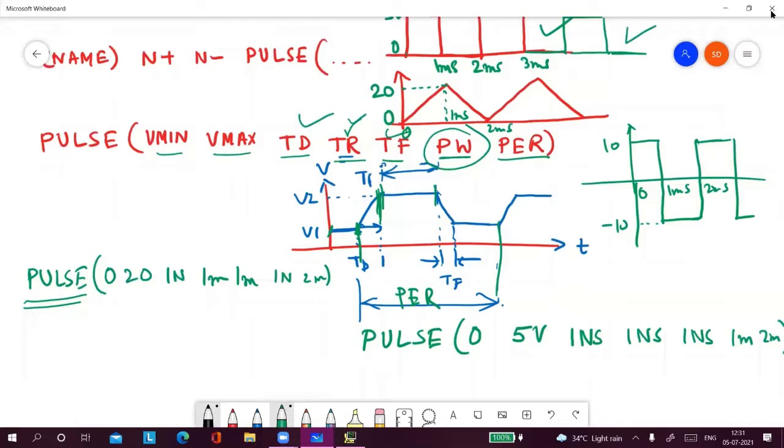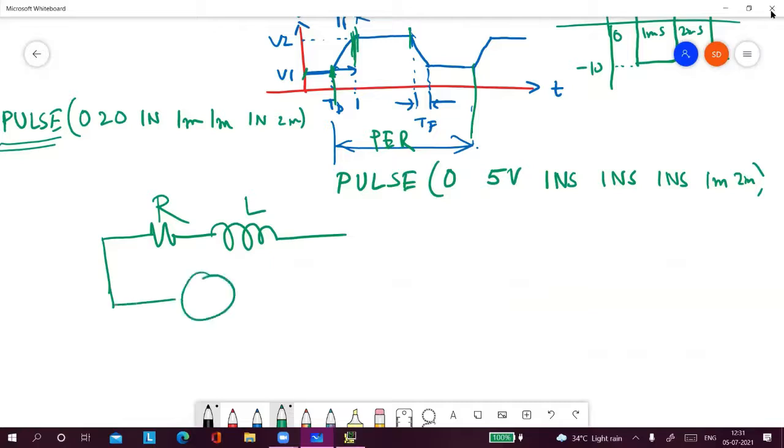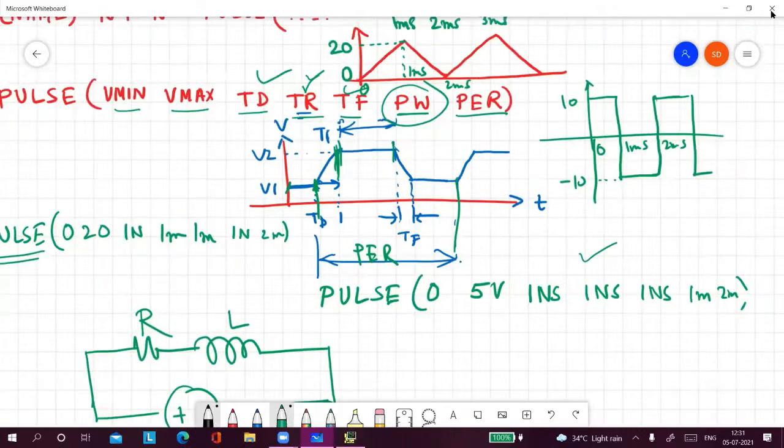Let us say, for example, we have an RL circuit, excited by a voltage source VT which is this pulse.